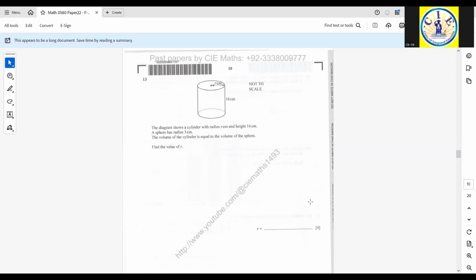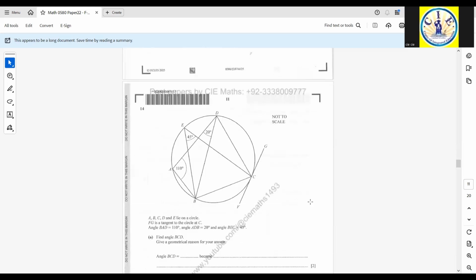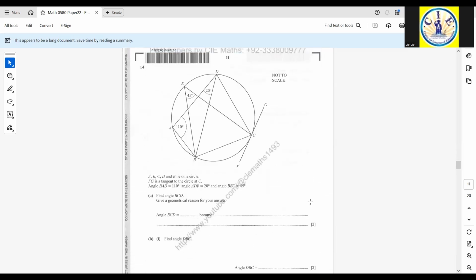Then I proceed to the next question. Question number 14. A, B, C, D, and E lie on a circle. FG is a tangent to the circle. Angle BAD is 110 degrees.